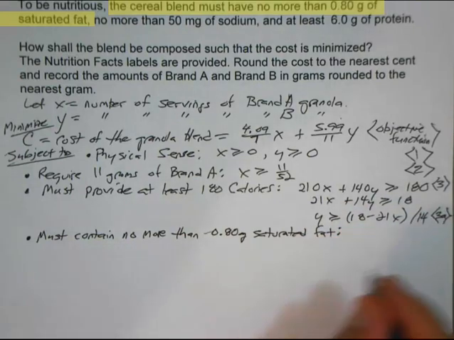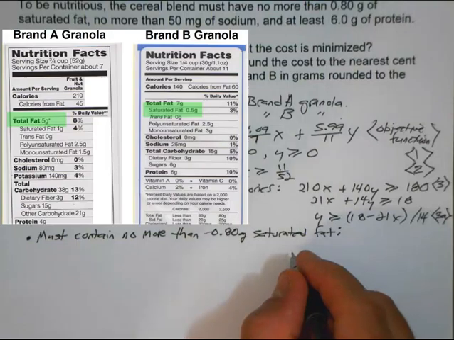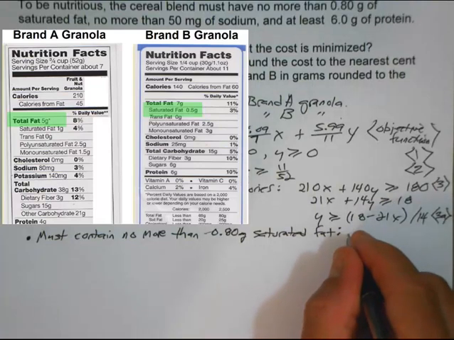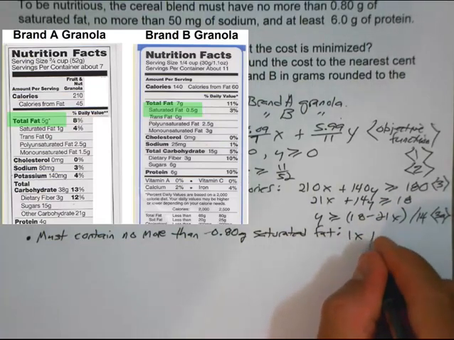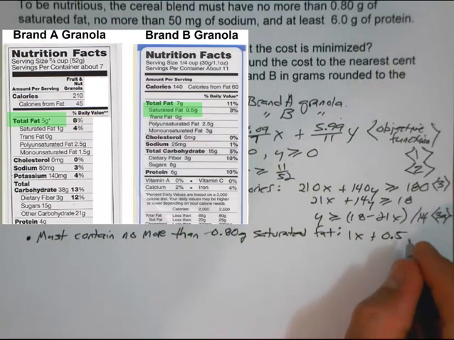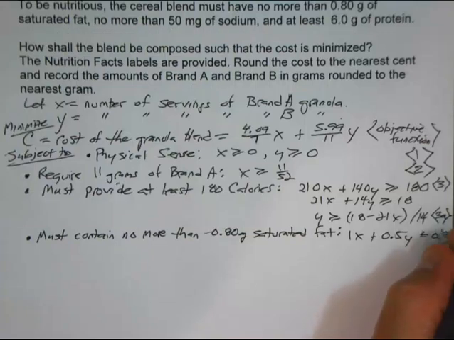Translating that, as we just looked at the nutrition fact label, it was 1 gram per one serving of brand A, so that would be 1x, plus half a gram per one serving of brand B times y servings, and we'll need that to be less than or equal to 0.8. That's inequality number 4.